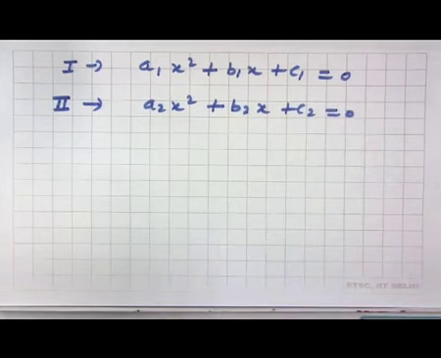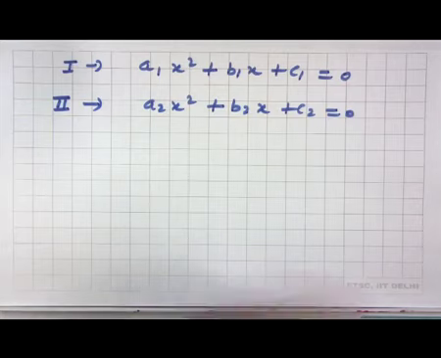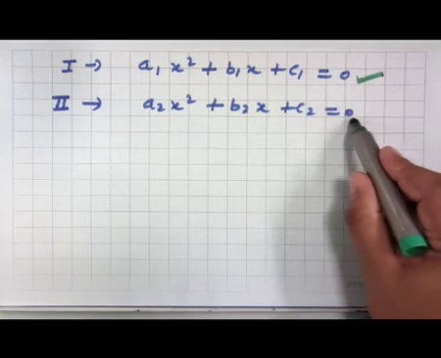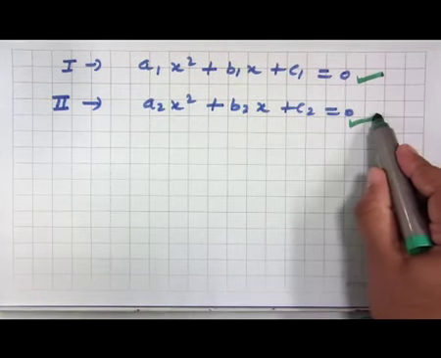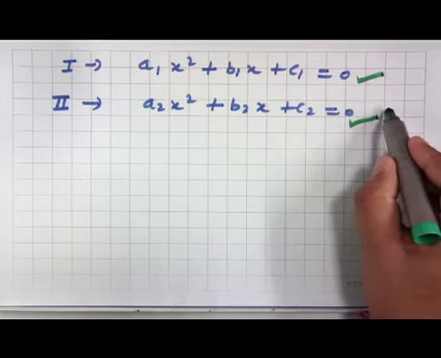These are the two quadratic equations whose one root is common, meaning there will be two roots of the first quadratic equation and two roots of the other quadratic equation, in which one root is common.